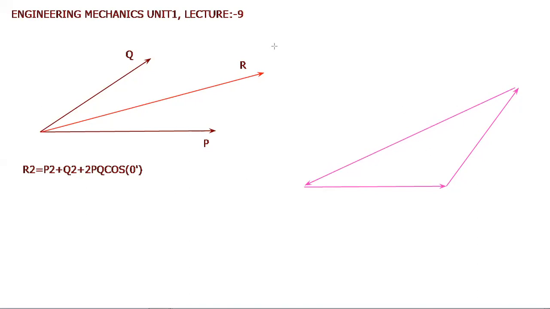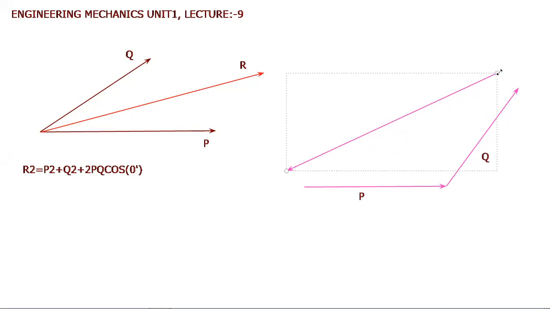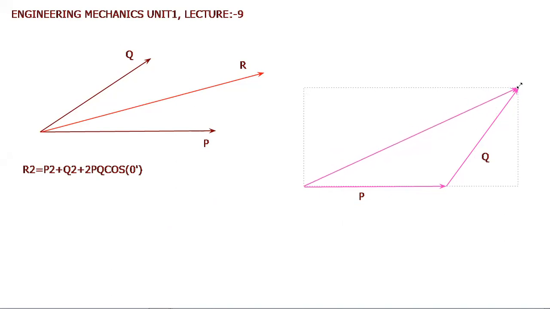But if you consider the first force as P, the second force as Q, then the third force can be their resultant if it is taken in opposite order. Meaning if two forces are in clockwise and the third force is in anti-clockwise, then this force can be termed a resultant, and this is nothing but the law of triangle.